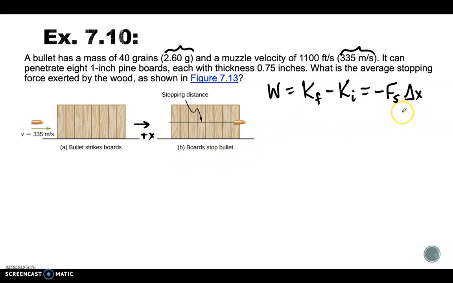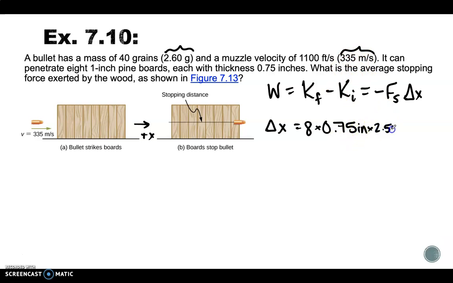So our delta X will be our thickness of the boards. Okay, so our thickness is 8 times 0.75 inches, and we need to get that into meters since our velocity is in meters. So let's go ahead and convert inches to centimeters.